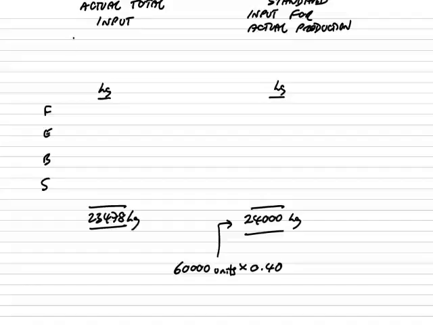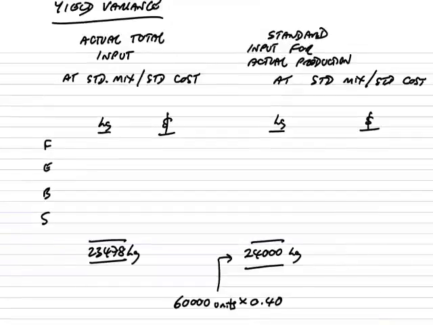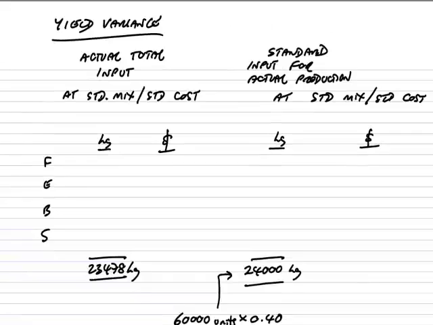Well, we've dealt with mix and price, so in both cases, that's standard mix and standard cost. So, let's cost them. Well, one of them we've done. The actual input, standard mix, standard cost. Why waste time doing it all over again?